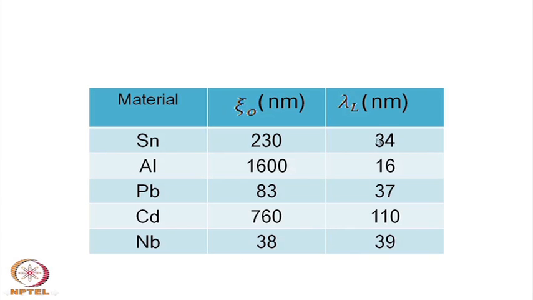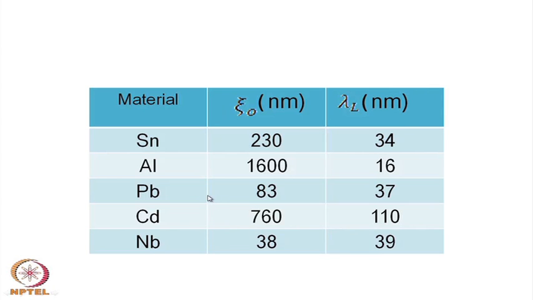These are the length scales, the coherence lengths in nanometers, and these are the penetration depths. For a material like aluminum, the depth of penetration is much larger, whereas niobium, lead and tin have a much smaller penetration depth, and aluminum and cadmium are much larger. For the coherence length, it is like this.